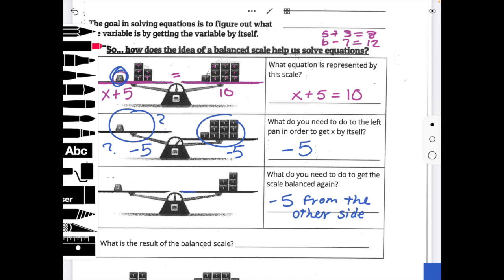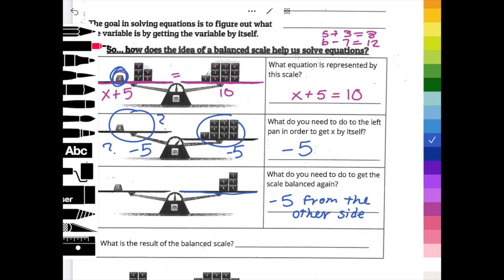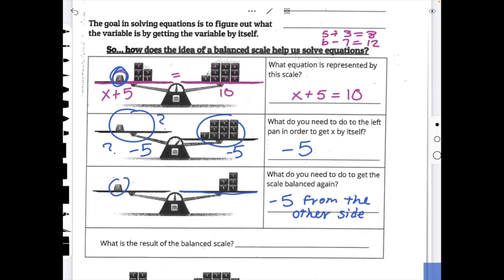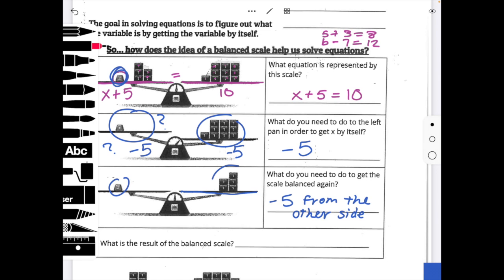It does kind of look like a pan. So subtract 5 from the other side. Then when we finally have our balanced scale, we see that x has to be equal to these 5 blocks. So our balanced scale shows us that x equals 5.